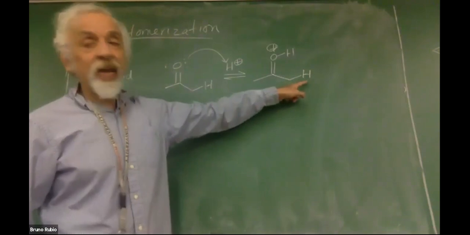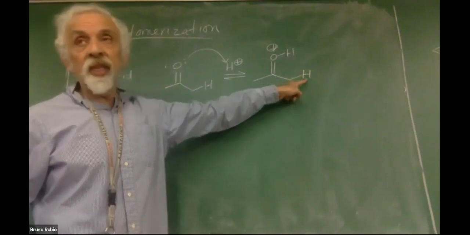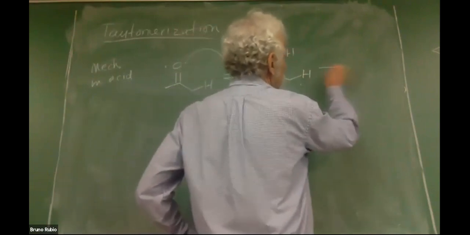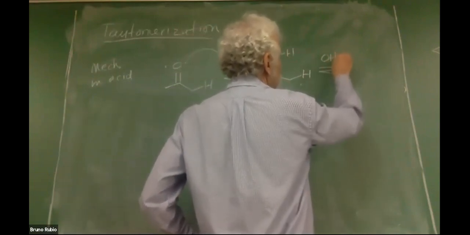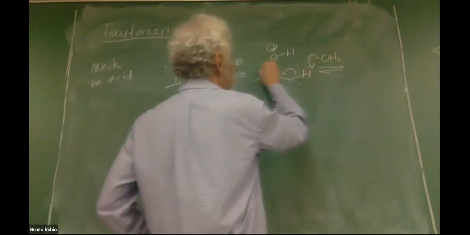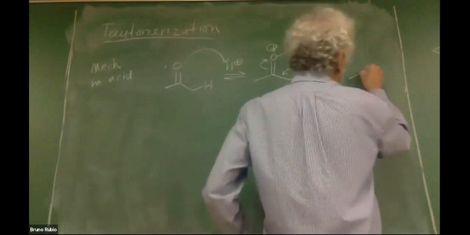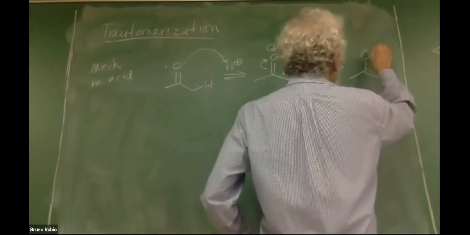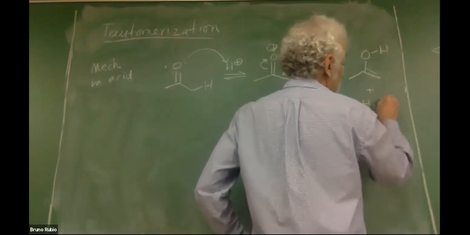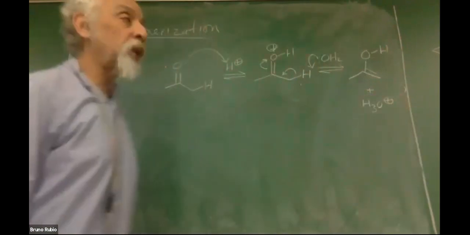Tautomerization is going to be now the removal of this proton by some kind of base. It's probably water that comes in here, removes this proton, and we get this motion of electrons. And here is the enol. And the other product of this reaction would be the hydronium ion H3O+.